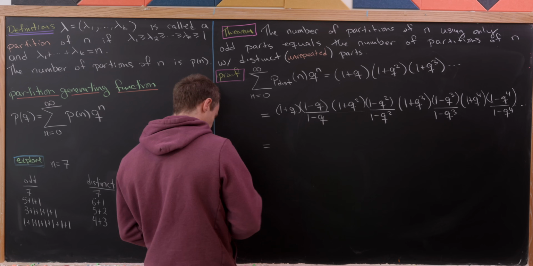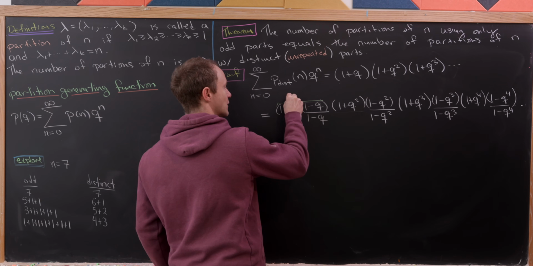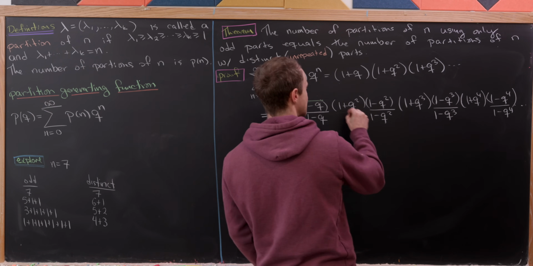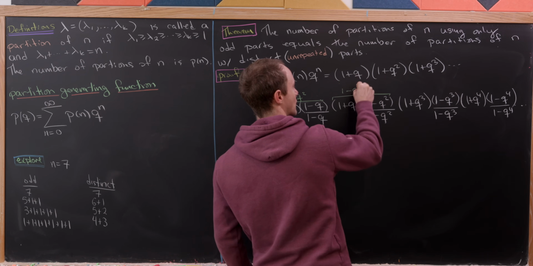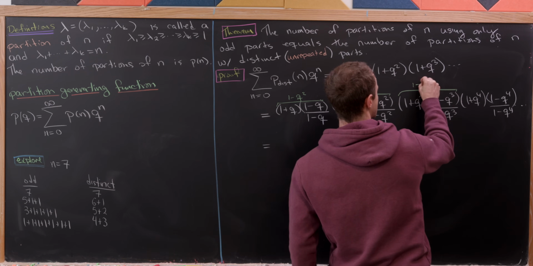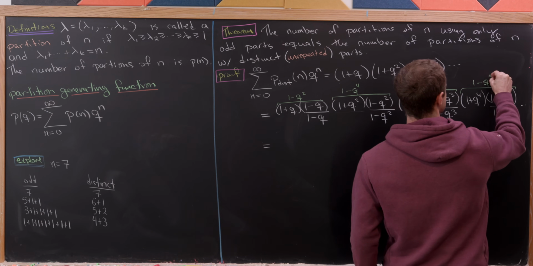Notice if we take the product of these first two, we'll get 1 minus q squared. These second two will get 1 minus q to the fourth. These will give us 1 minus q to the sixth. These will give us 1 minus q to the 8.